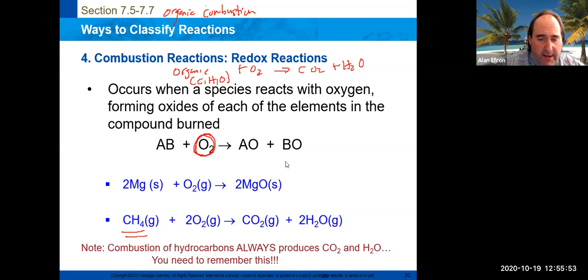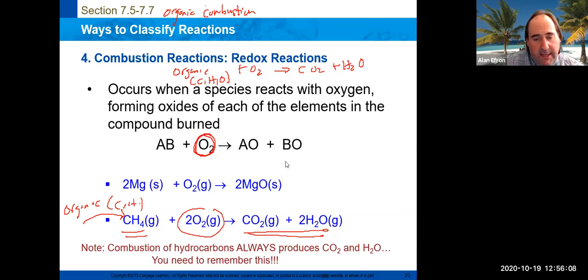As it says in red, this is always what you get when you do an organic combustion reaction. So methane is an organic compound. It contains carbon and hydrogen, no oxygen in this case, and we always get CO2 and water. But the basic general definition of combustion is you pretty much just need O2 present, and that usually is enough for it to be classified as a combustion reaction.